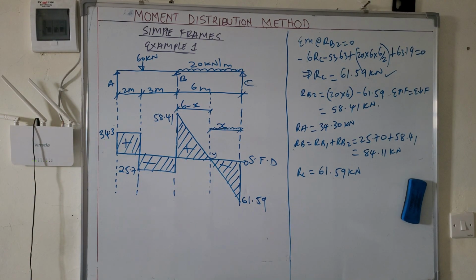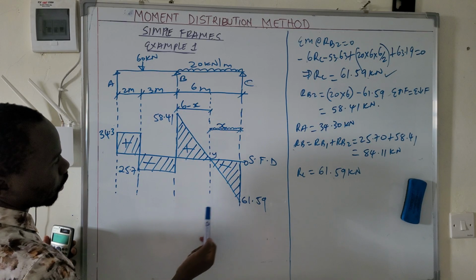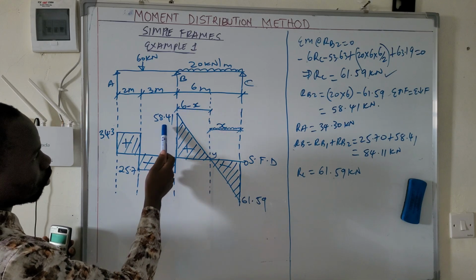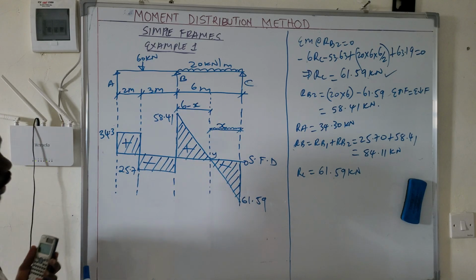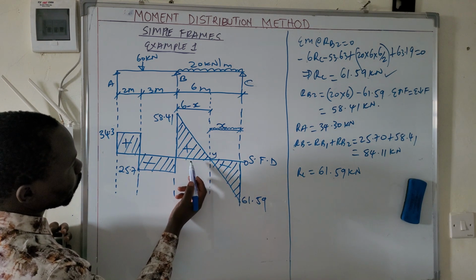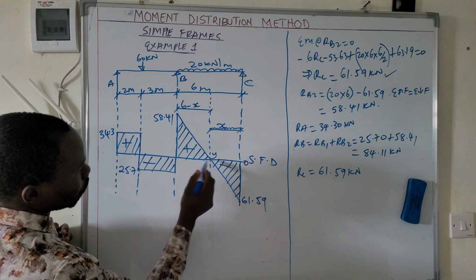So for you to determine the value of X here, you can either use the similar triangle rule by taking this value of X, you divide by 61.59, and then you equate to 6 minus X over 58.41, and then you form an equation and find the value of X. Another way of finding the value of X is that we know that at this point, the shear force changes from positive to negative, and at this point, the shear force is 0.